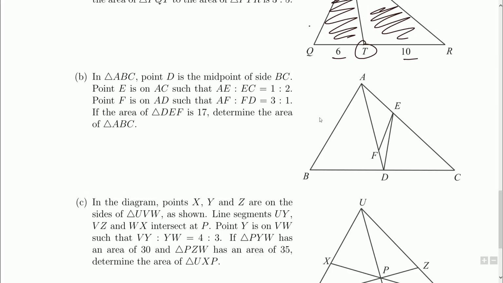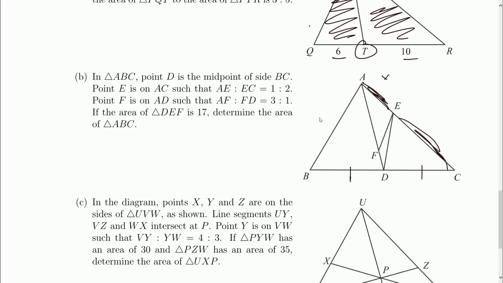Okay, part B. In triangle ABC, point D is the midpoint of side BC. So we get that right there. Those are both the same. Point E is on AC, such that AE to EC is in the ratio 1 to 2.